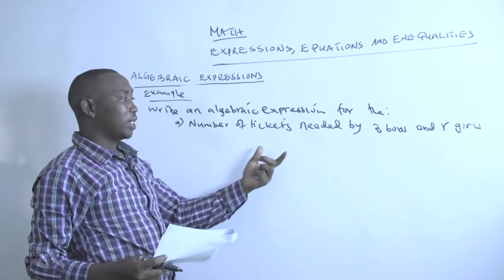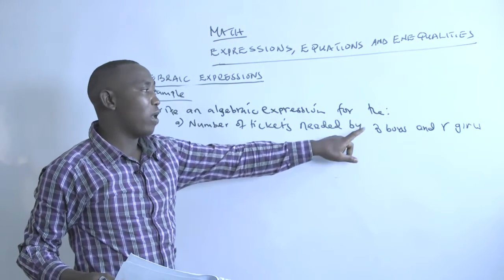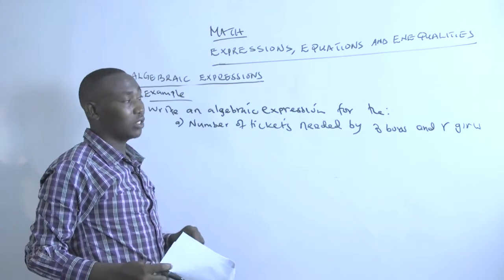So you discover that in this particular question we are having 2 genders, boys and girls. We have 3 boys and we have r girls.